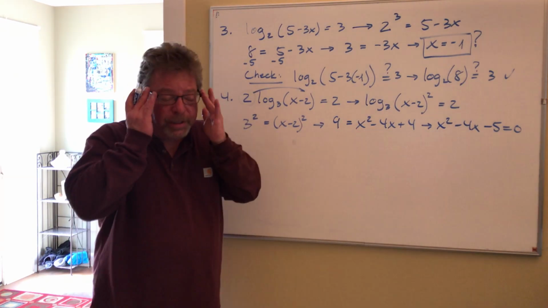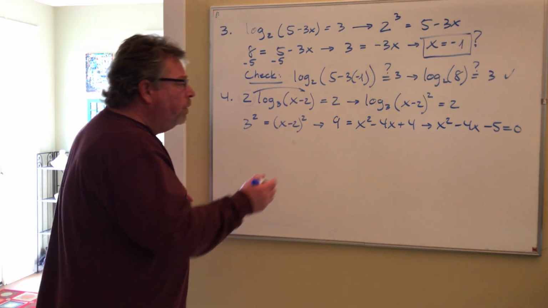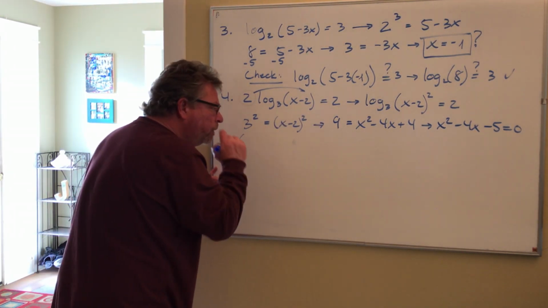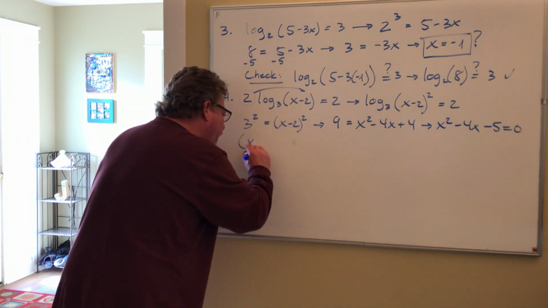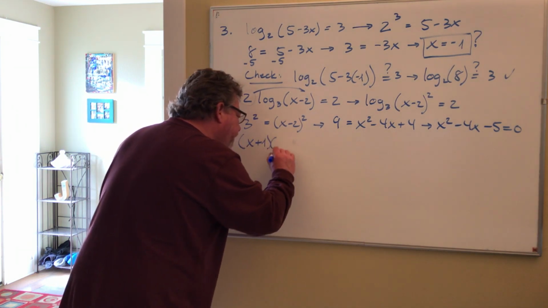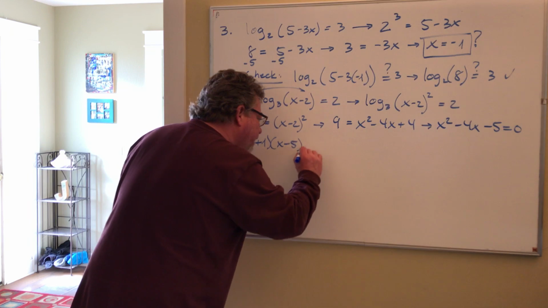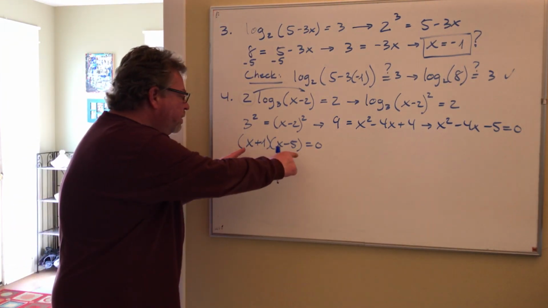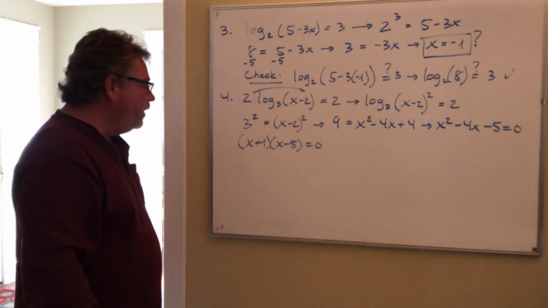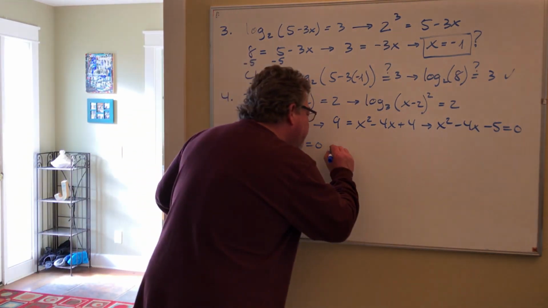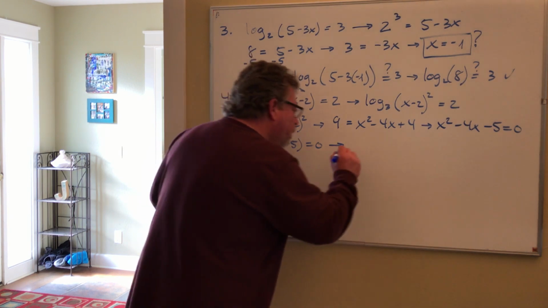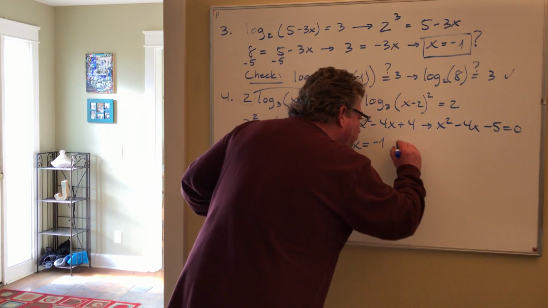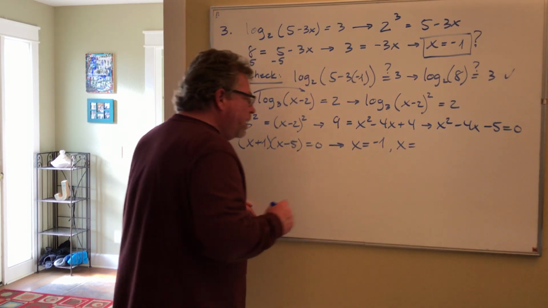If it didn't factor, I would take it to the quadratic formula. Okay, so let's factor this. This is going to factor as x plus 1 times x minus 5, I think. Let's check that. Yes, so that factoring is correct. So our potential solutions here are x is equal to negative 1 or x is equal to 5.